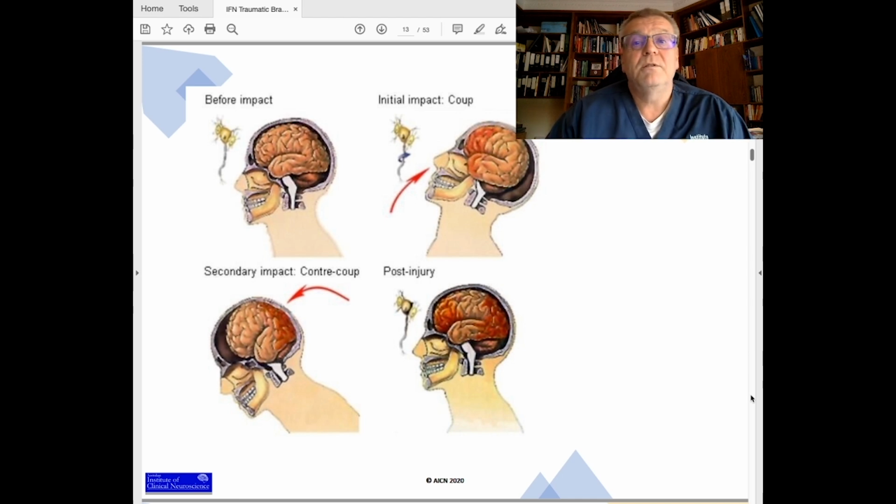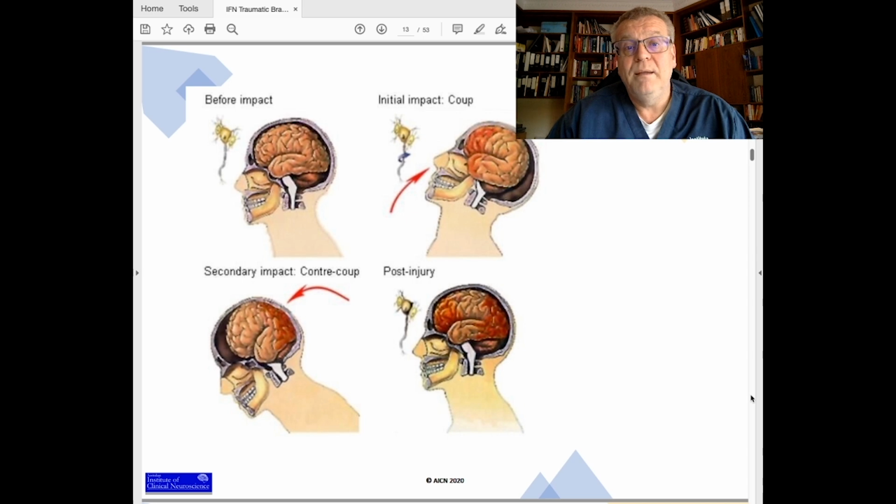So it smashes forward, and the front part of the brain hits the front part of our skull. But then when our muscles reflexively jerk our head back forward, our brain sloshes backwards and hits the back end of our skull. So we now have injuries at both the front and the back of our brain simply from a direct impact at the front.